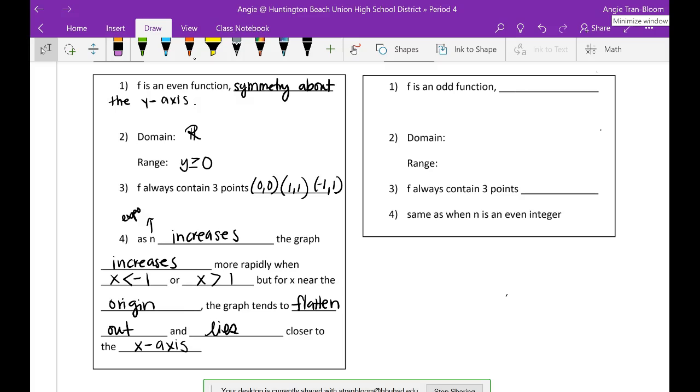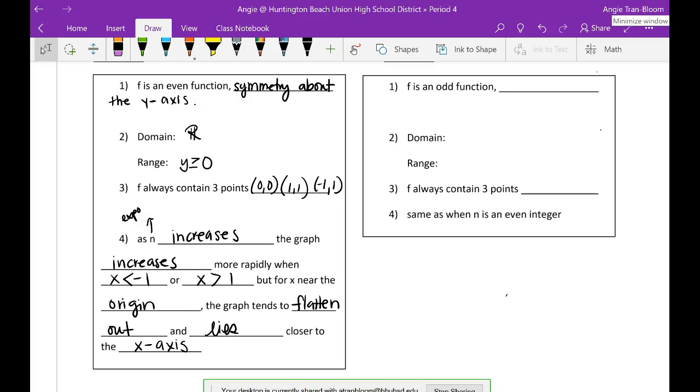What's going on with x to the 10? Is it flatter? What's going on near the origin? Yeah, it gets flatter, because why? What if x is 1/2? 1/2 to the 10 versus 1/2 squared. Which one will give you a smaller outcome?